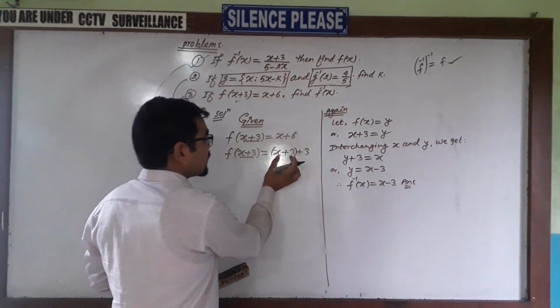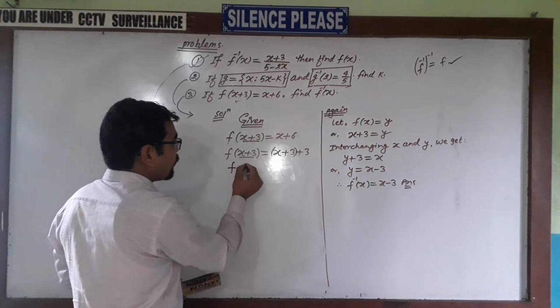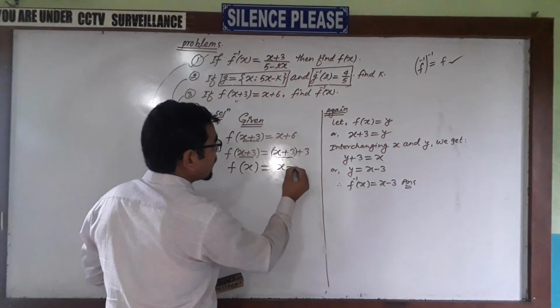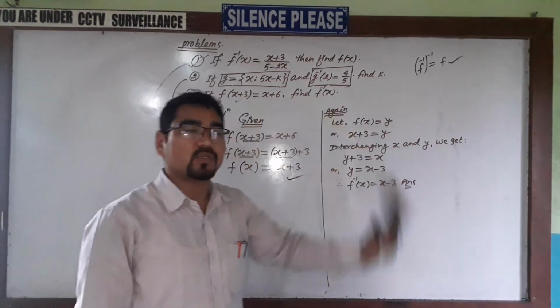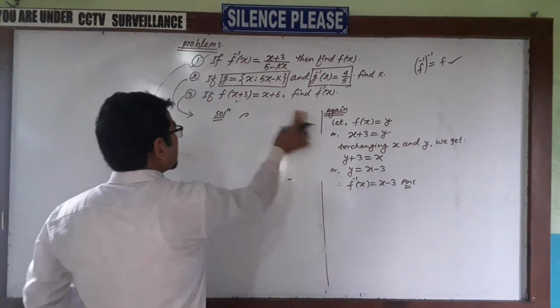Then in place of x plus 3, we can put a single term x, and here we can put x plus 3. In this way also we can find the inverse function. So in any one way you can solve this type of problem.